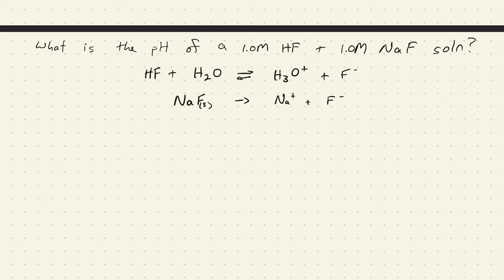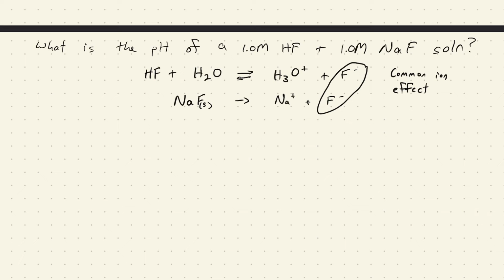So that's going to make sodium ion plus fluoride ion. And you'll notice that both the equilibrium and this reaction, which is not in equilibrium, generate fluoride ion. So this is something called a common ion effect, where I take a reaction in equilibrium, and I add something to it.